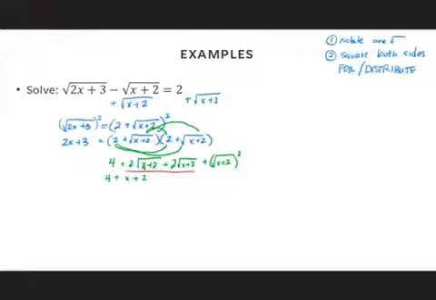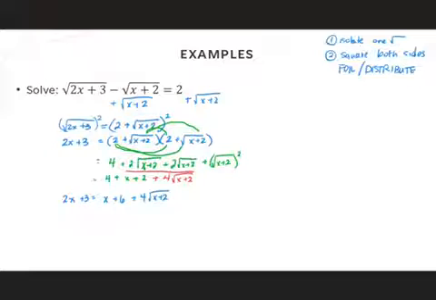And I have 2 of them on the left plus 2 more of them. So this is going to be plus 4 times my square root. Okay, so all of that together gives me x plus 6 plus 4 of the square roots.